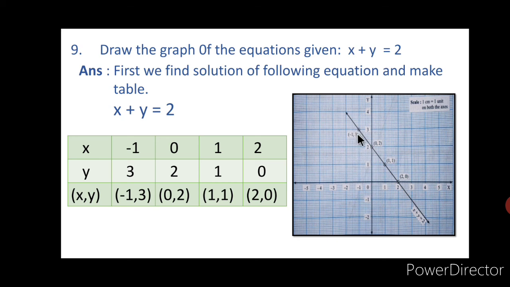Then the second point has x coordinate 0 and y coordinate 2. The third point has x coordinate 1 and y coordinate 1. And the fourth point has x coordinate 2 and y coordinate 0.